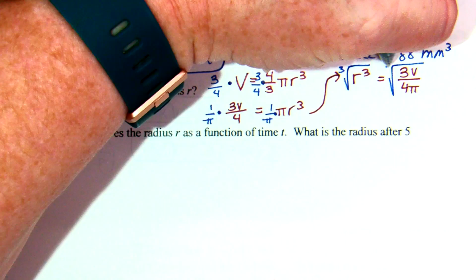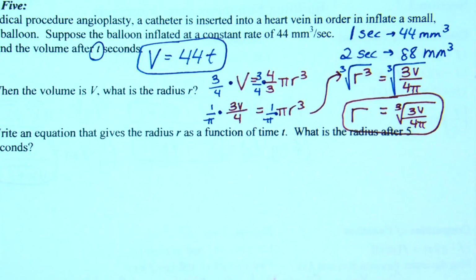Cube root. If you cube root the left, cube root the right. So cube root of r cubed is r. Cube root of 3V/4 pi.